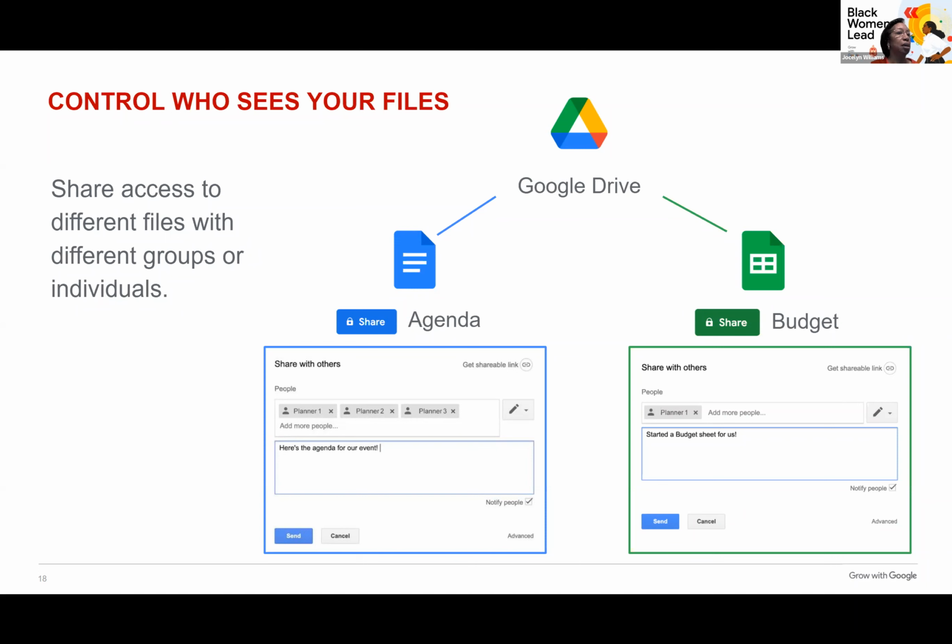And again, those levels, they can view only, comment, view and comment, or view, comment, and edit. You can also give people access to a folder, and any files within that folder, they will also have access to.